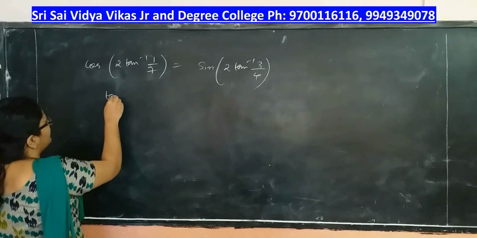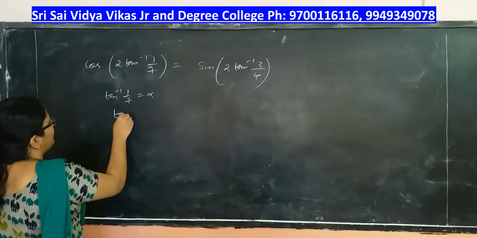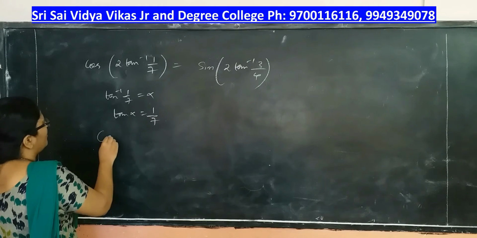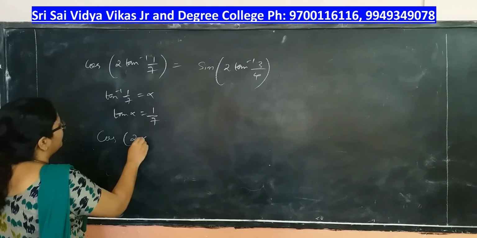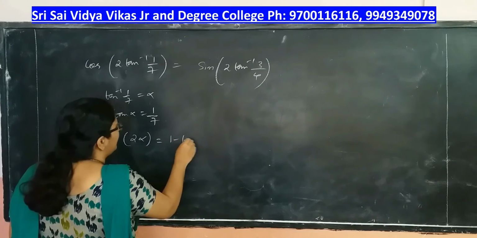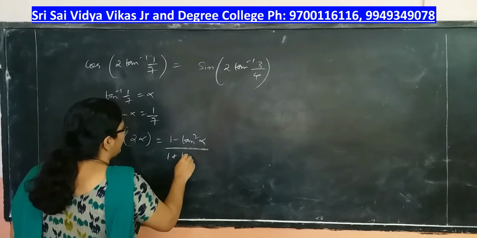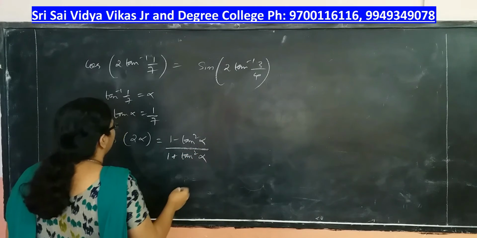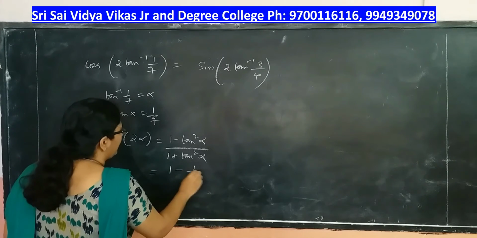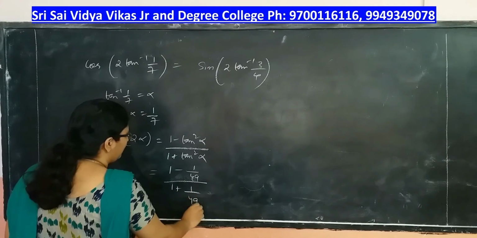Let tan inverse 1 by 7 be equal to alpha. Tan alpha will be equal to 1 by 7. Cos 2 alpha will be equal to 1 minus tan square alpha by 1 plus tan square alpha, that is equal to 1 minus 1 by 49 by 1 plus 1 by 49.